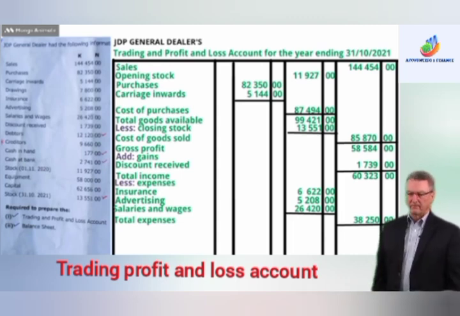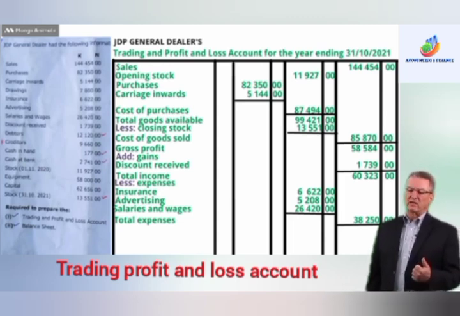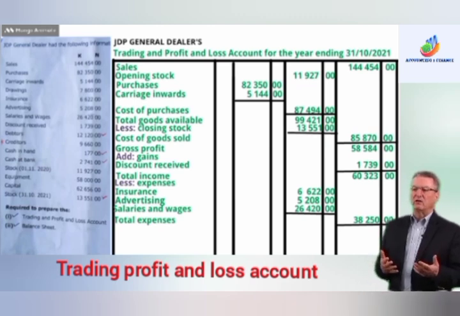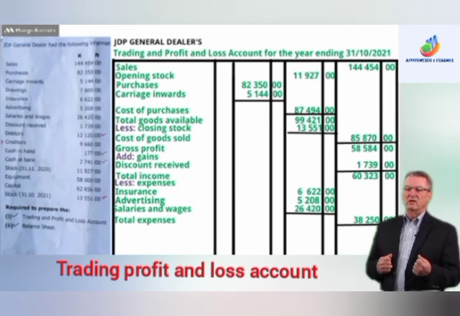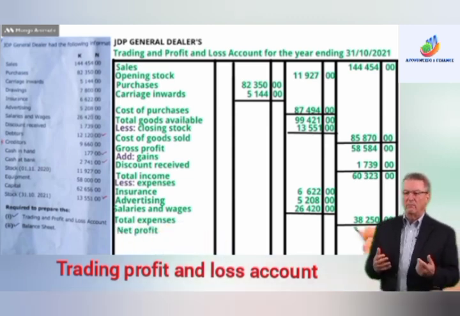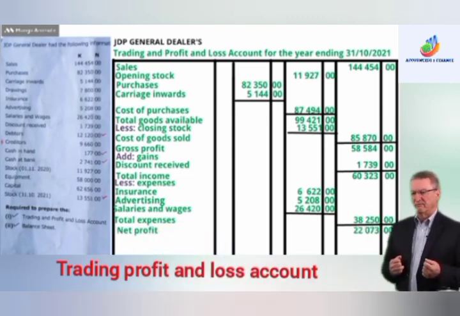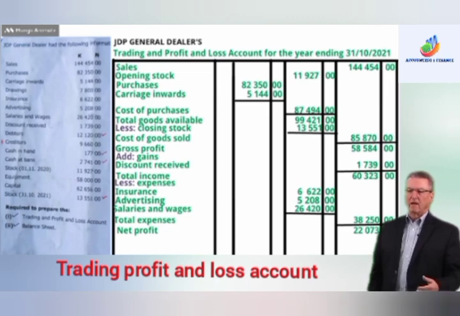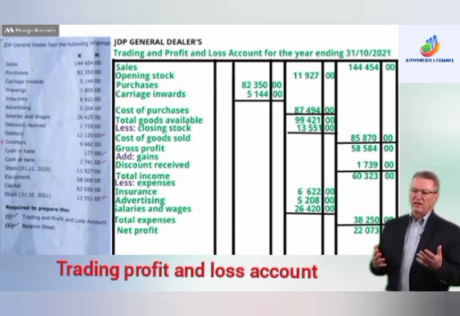So 60,323 minus 38,250 will give us 22,073 kwacha, and this is the net profit. This is the actual, take-home profit.